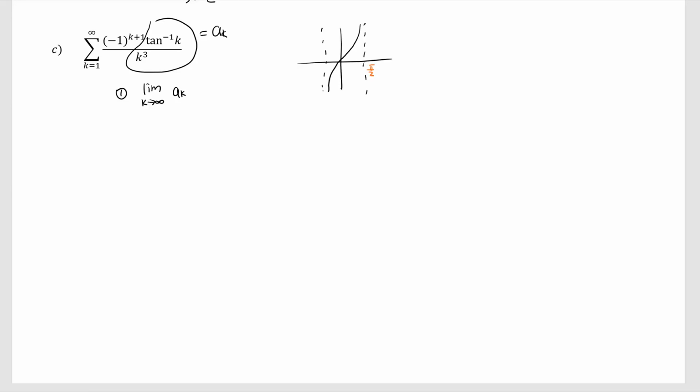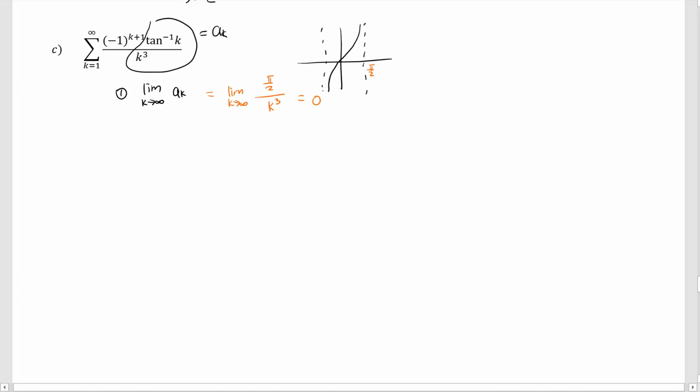That is actually pi over 2. So eventually it looks like pi over 2 over k cubed. So that's why this limit is 0. So far so good, everybody?